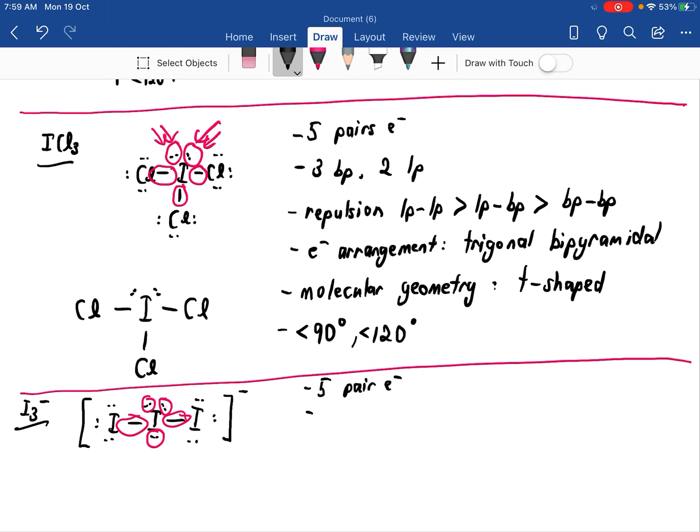However, if we are going to be specific, there are 2 bonding pairs and 3 lone pairs, which makes the repulsion quite similar to ICl3 because we have lone pair repulsion, which is the strongest, and lone pair bonding pair repulsion, which is stronger compared to bonding pair repulsion.